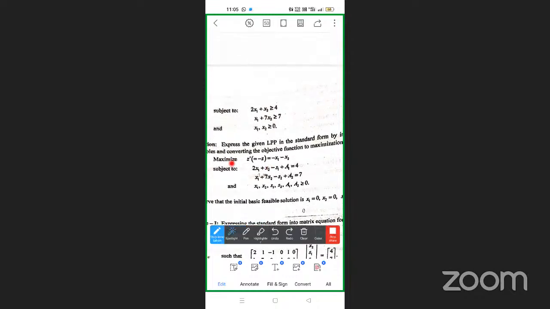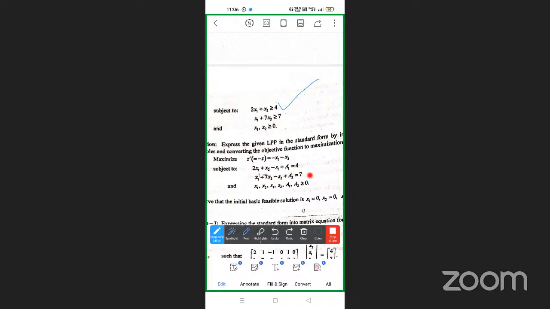The standard form: maximum of z is equal to minus x1 minus x2. First equation: 2x1 plus x2 minus s1 plus a1 is equal to 4. Next, x1 plus 7x2 minus s2 plus a2 is equal to 7.